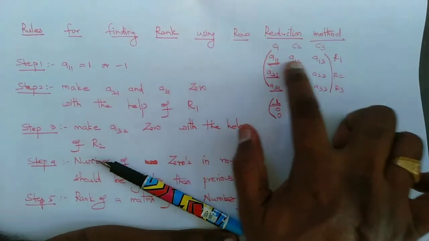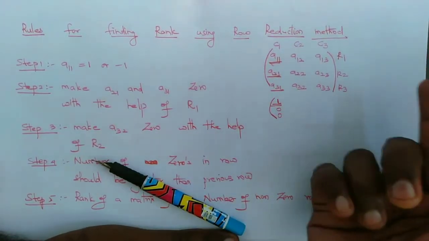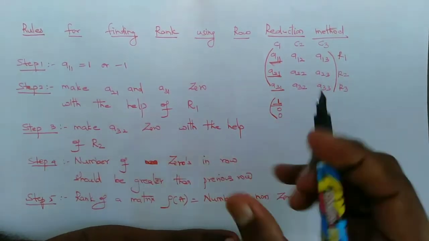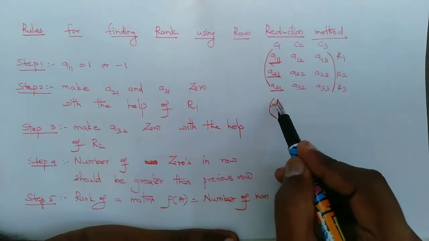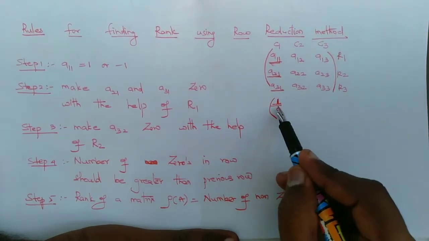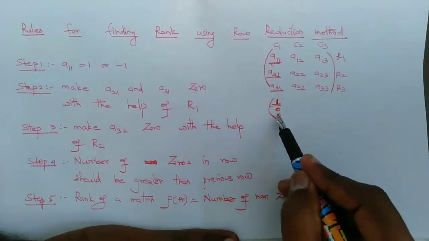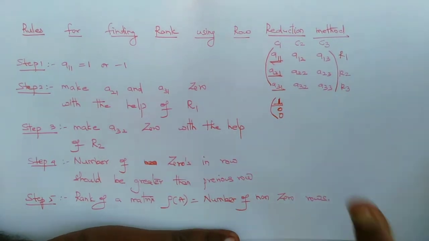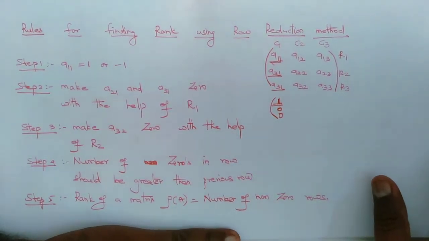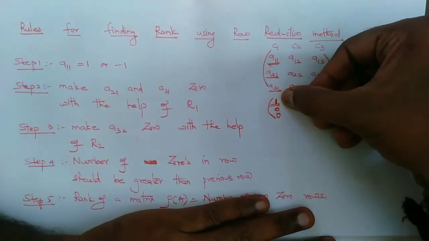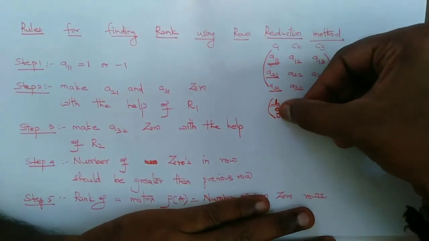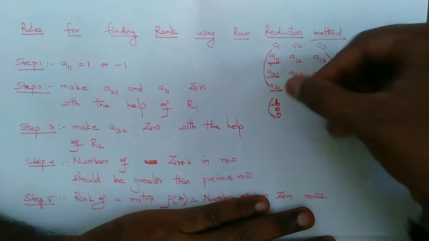So I am getting the help of R1. That is why in step 1 I make the first element 1. If the first element is 1 or minus 1, I can easily make these two elements 0 with the help of R1.